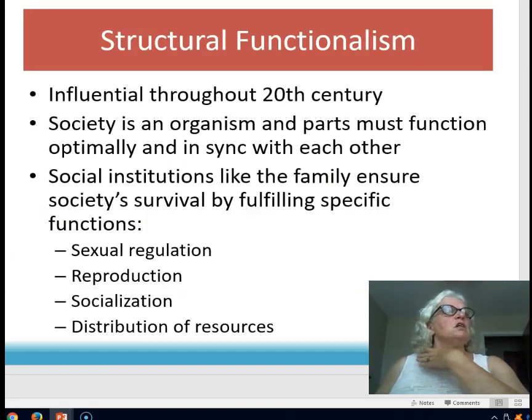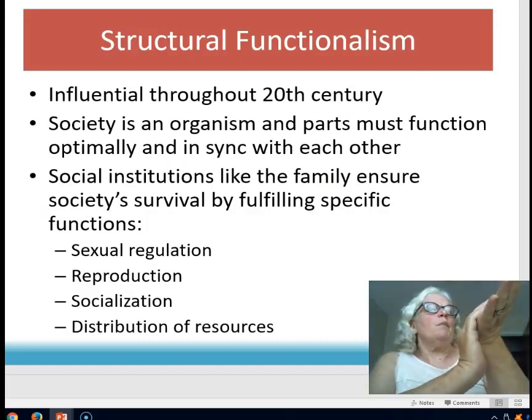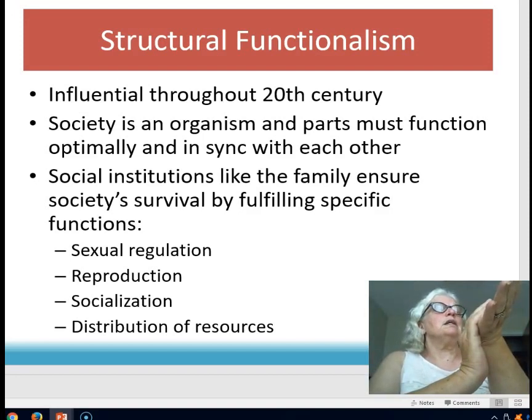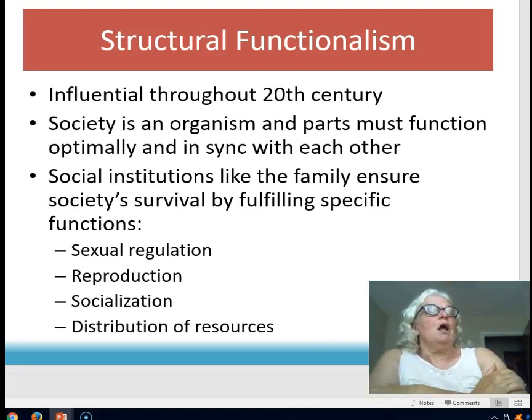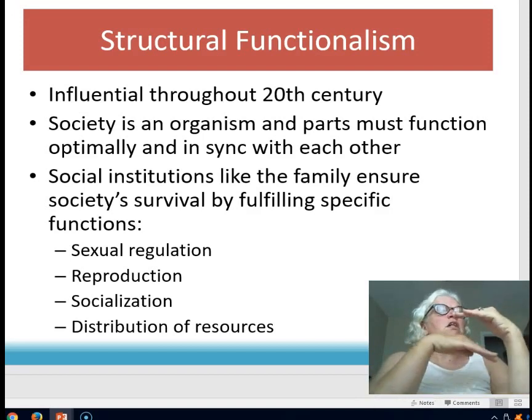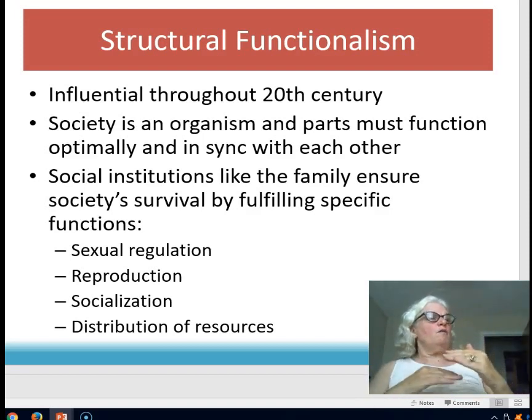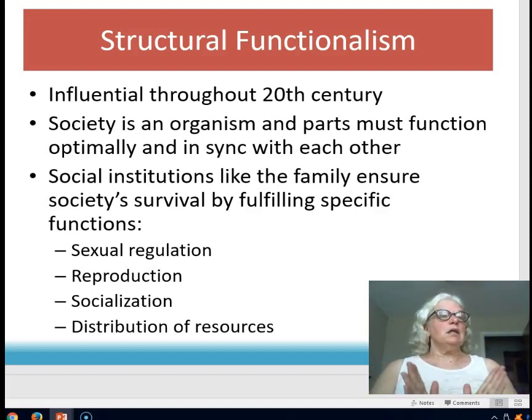So functionalist theory influenced the thought process throughout the 20th century, and they look at society as an organism that must function optimally to work together with each other, that there is this expected level of behavior that society thinks is the best way for it to function.